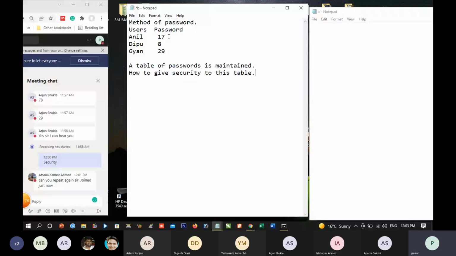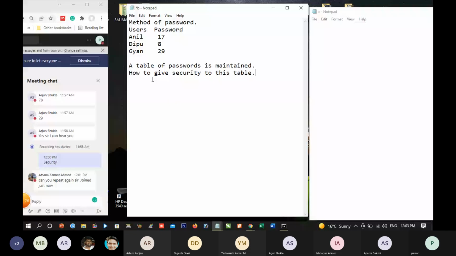I have taken it in the form of numbers, but they may be in some other form also. Those passwords are stored in some file by the operating system. When a user tries to log in, the password matching is done. And if the passwords match, then the user is permitted to enter the system. Is it correct?